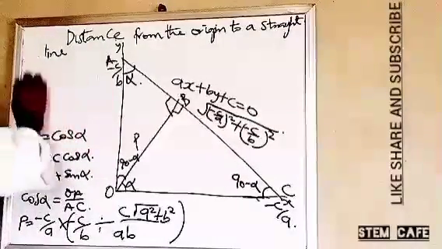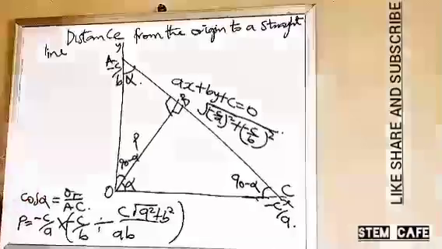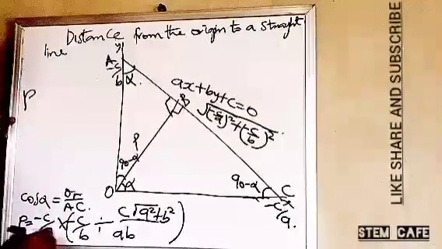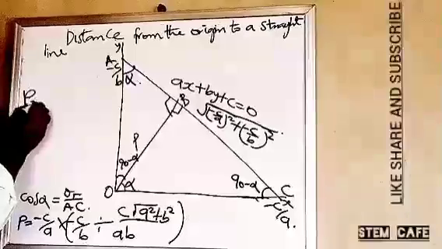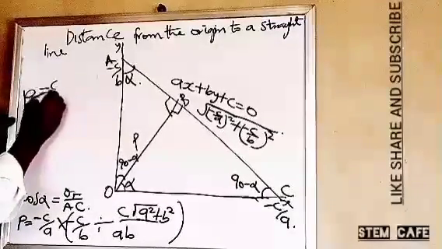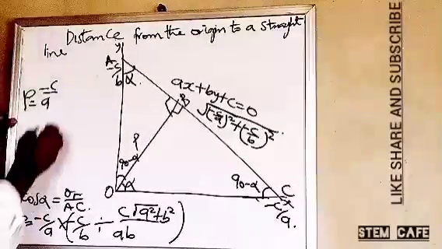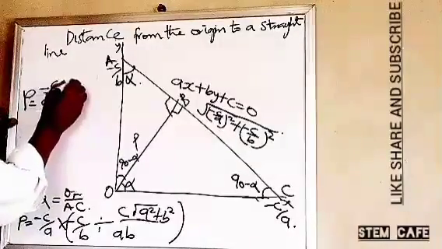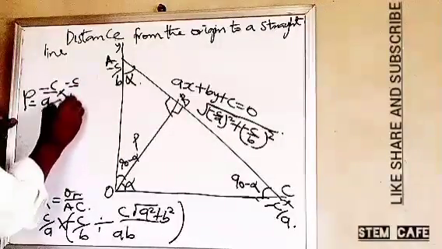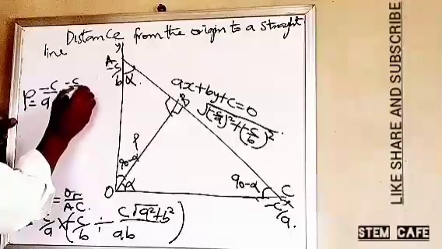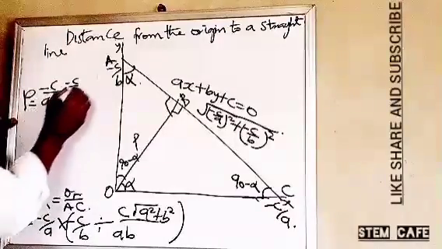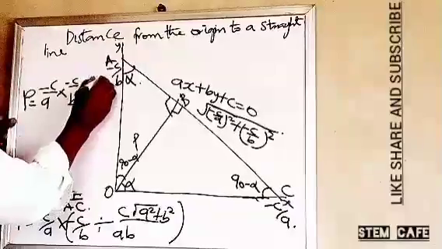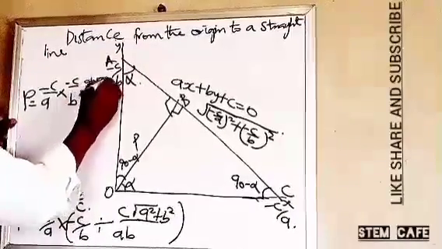Looking at it further, you will realize that P is going to be minus C over A times minus C over B times AB over C root A squared plus B squared.